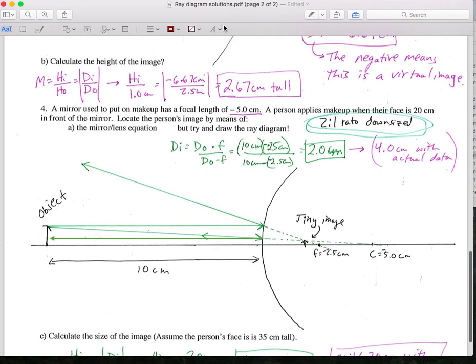I need to make sure I put that down. I think I may have just written over that somewhere. And the reason for that is that, again, that's a virtual image. So hopefully that helps.